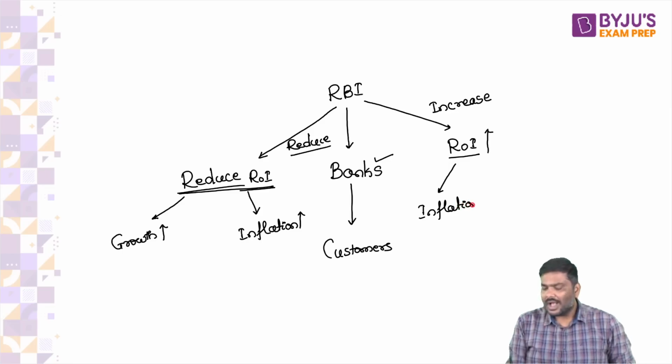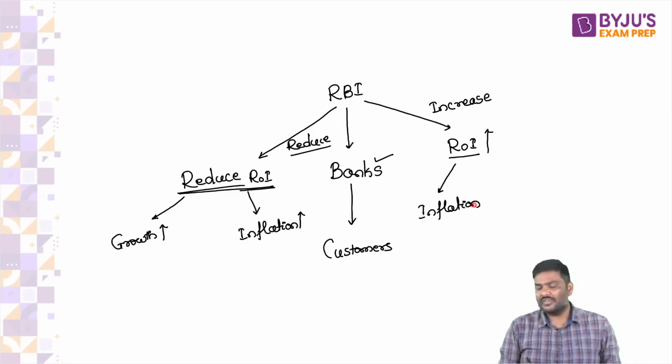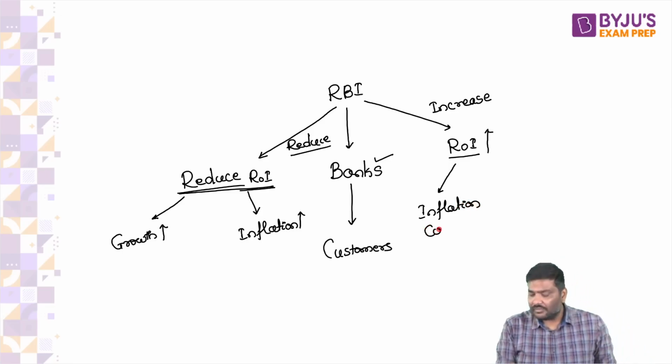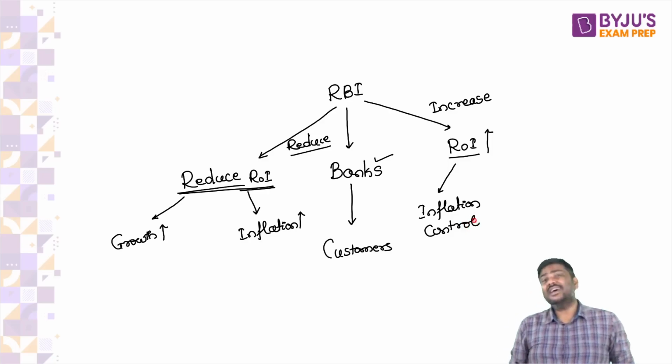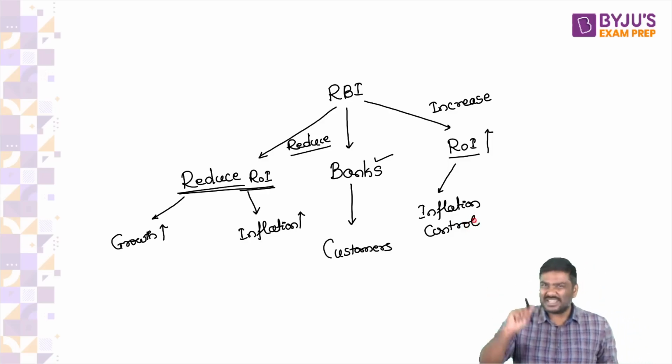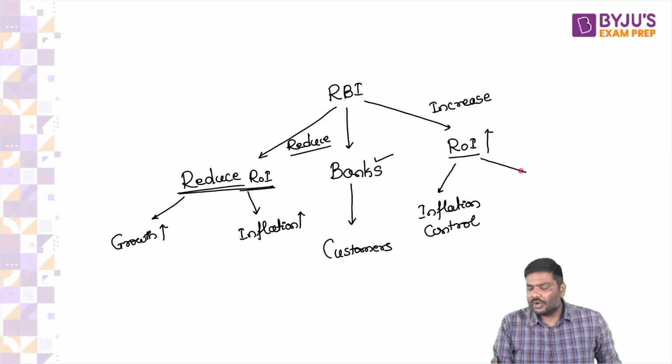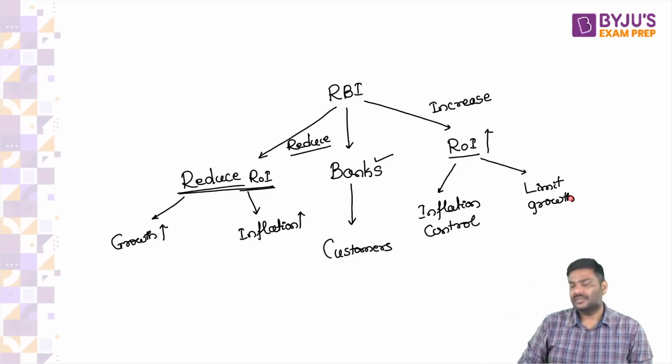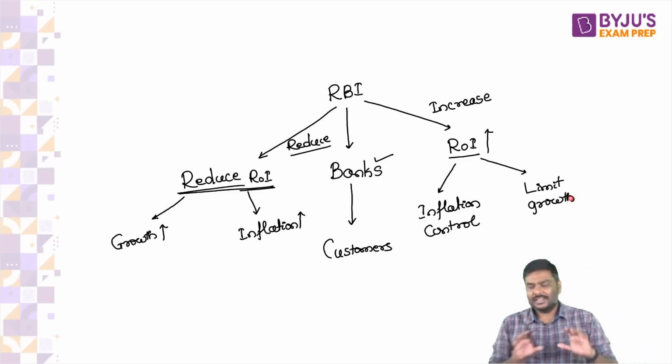But on the other hand, if the demand comes down, and the goods and services purchased come down, don't you think it will have a limiting effect on growth? It will limit growth in the economy. Is the logic okay here?